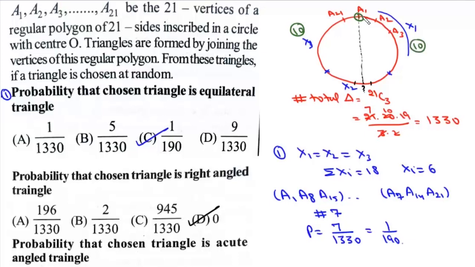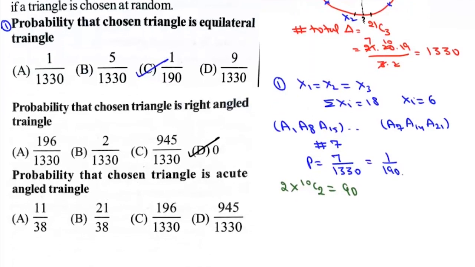Now the number of obtuse angle triangles that can be formed having one of the vertices as A1 will be 2 into 10C2, which is 90. Now we have 21 such vertices. So the total number of obtuse angle triangles that can be formed will be 21 into 90 divided by 2.